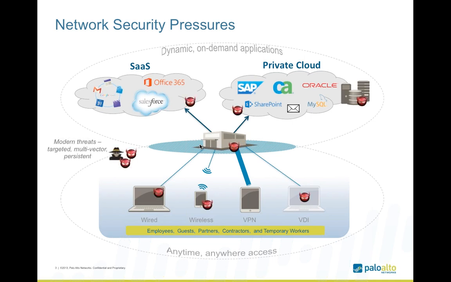And when you look into the threats that can happen for all these different use cases, definitely, the threats can come from the cloud, from the public cloud that you might be subscribed to. Threats can happen within your private clouds that you are hosting in your data centers.